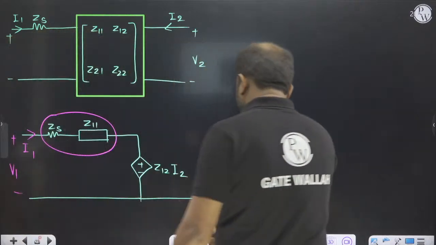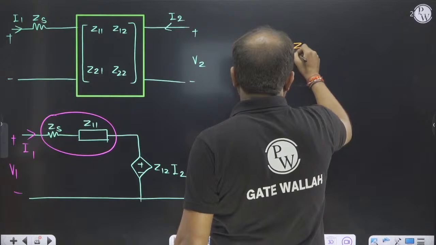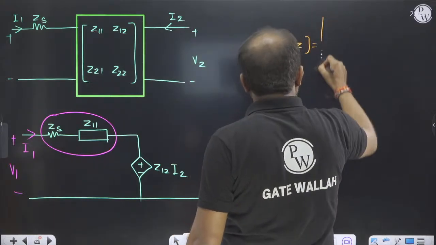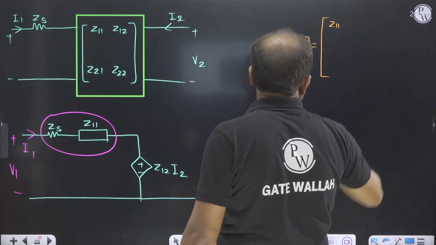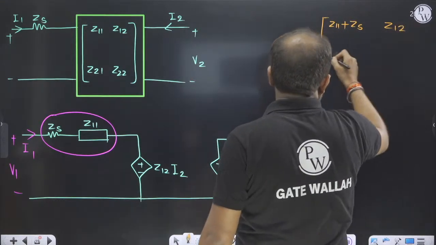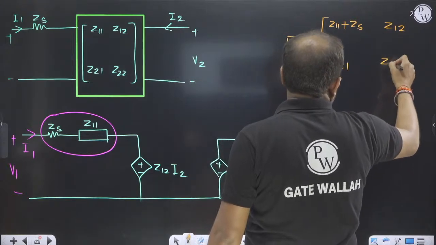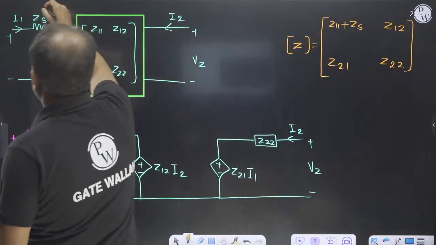So our new Z matrix will be nothing but Z11 and ZS in series, so Z11 will change, while Z12, Z21 and Z22 stay. So this is the new Z parameter for this circuit.